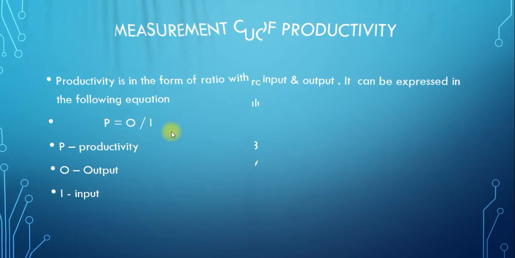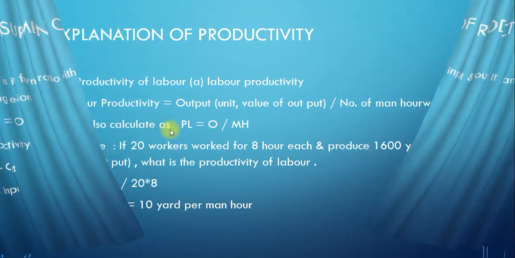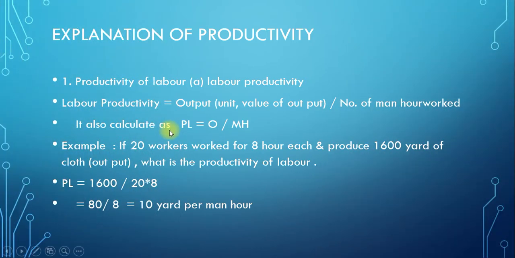So it is very much essential that we calculate our productivity in each and every part or unit of our production. There are many technical factors included, such as plant, equipment, machinery, land, raw material, and power, including coal, petroleum, electricity.